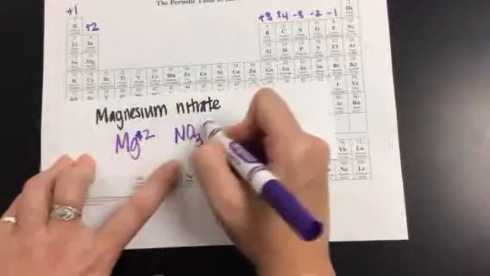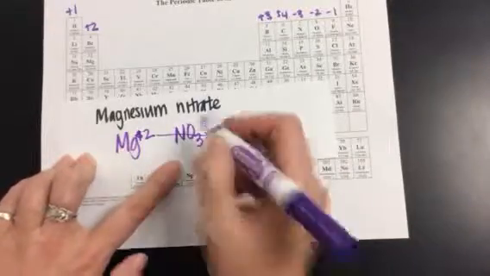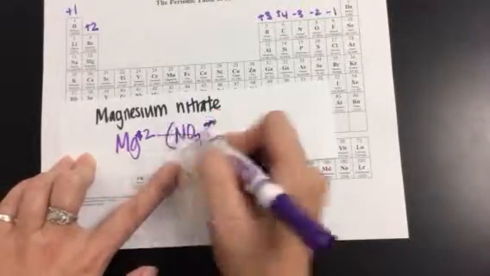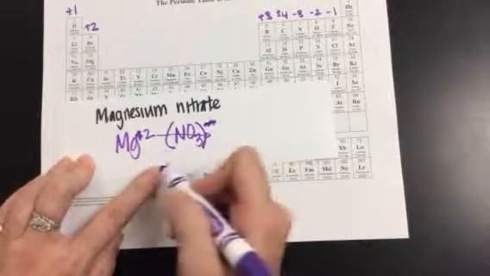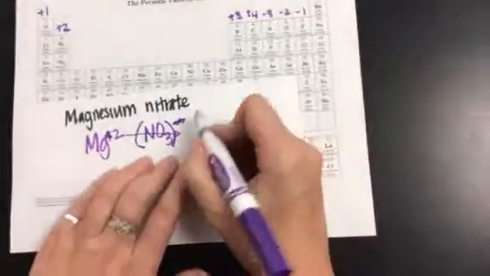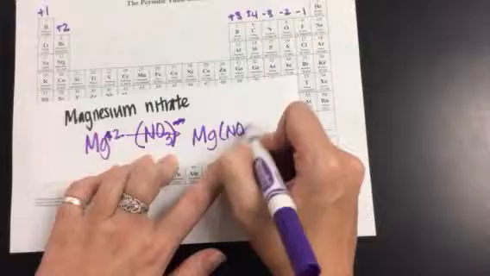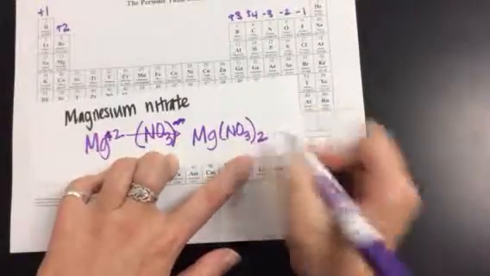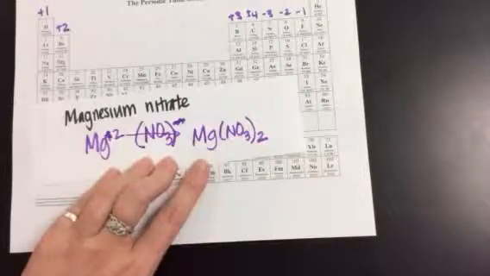My plus and my minus disappear. This 2 is going to travel over here. Because I have more than one nitrate, I'm going to have to put my NO3 in parentheses. The 1 would come over here, which just stays the 1. So when I write this formula, you end up with Mg, NO3 in parentheses, and a 2 outside. This tells me that I have 2 of these nitrates and 1 magnesium.